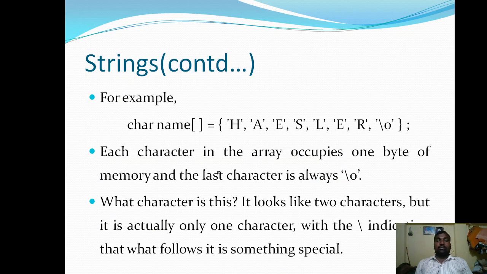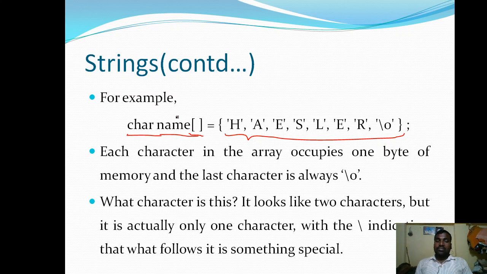So here is an example. char name, so name is an array of character type. Here we are not specifying the size of the name array. Why? Because we are assigning the values; we are initializing this array at the time of declaration.